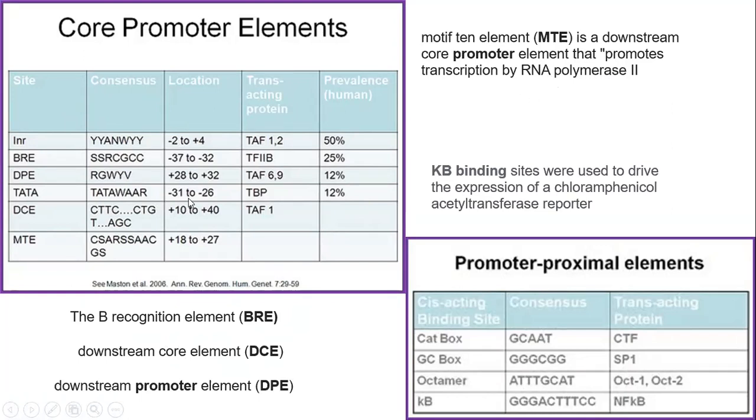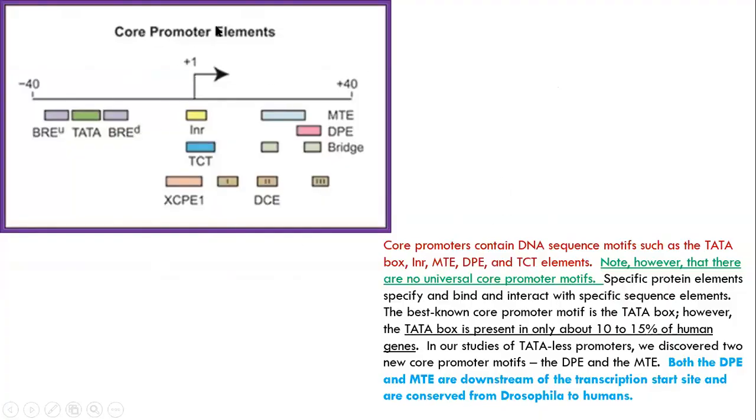Remember, one more thing: we are looking at elements downstream of the core element and upstream of the core element. In this diagram you see some of them are minus, right? Minus regions BRE, but the DPE and the DCE are plus. They are located relative to the transcription start site here.